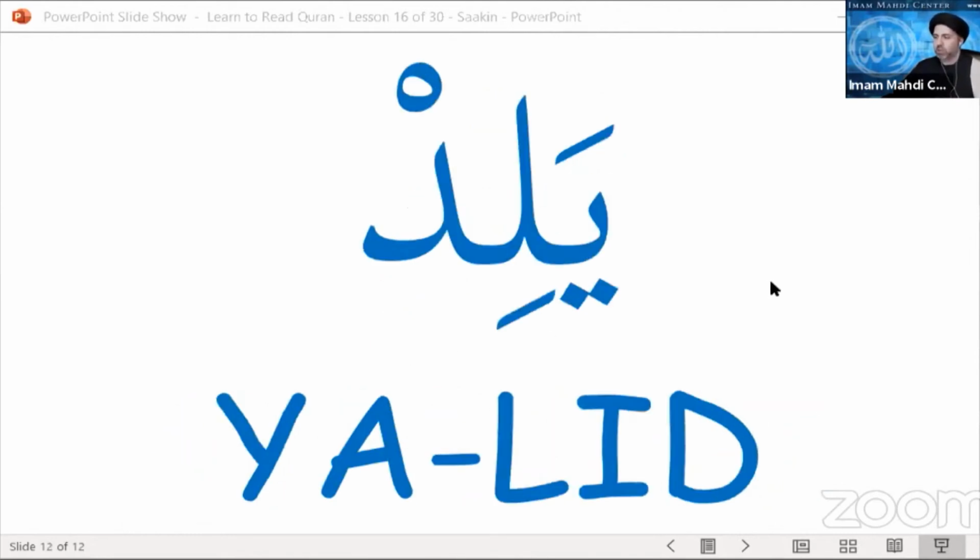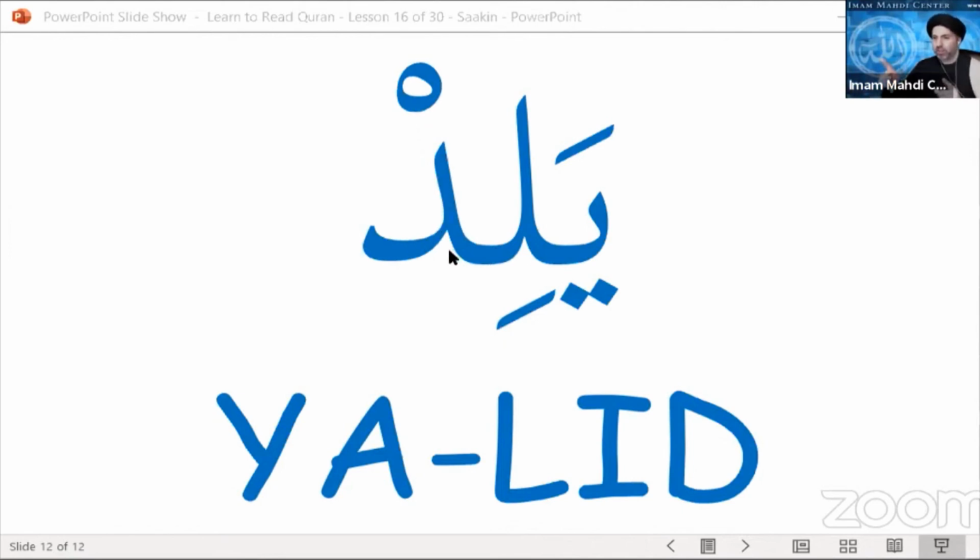And now this is our last word for this lesson. This also has three letters. First we have the letter ya with fatha. So this is pronounced ya. Next we have the letter lam, the lowercase of the lam connected to that ya. The lam has kasra, so this is pronounced le, but there's a dal after it that has sakin.